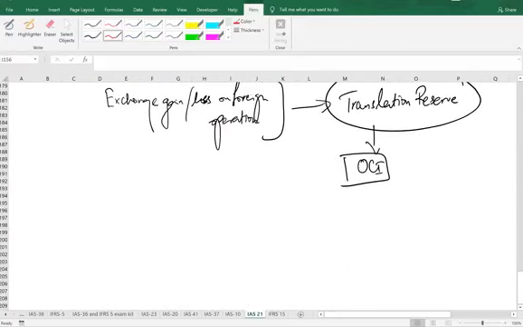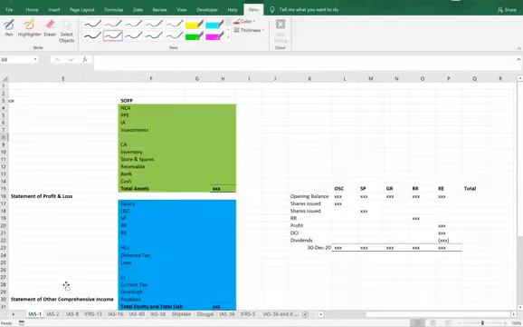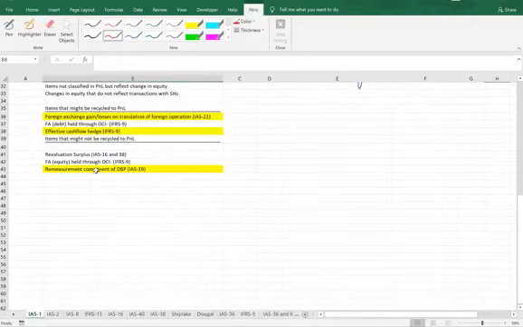Number one, when you dispose of this operation, if you remember in IAS 1, I told you that there were certain items that IAS 1 asks us to classify within the OCI: what items will be recycled to the P&L and what items will never be recycled to the P&L.